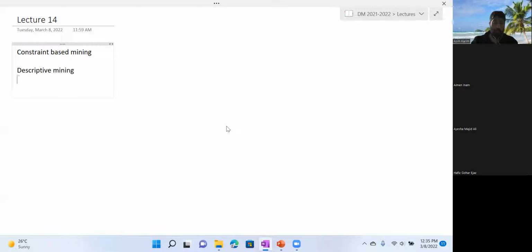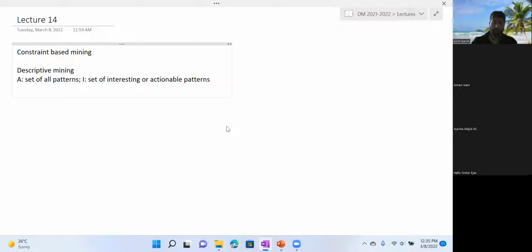So let me define 3 sets. Let's say A, the set of all possible patterns from the data. Let's say I is the set of interesting or actionable patterns. These are the patterns that are really of interest to us.